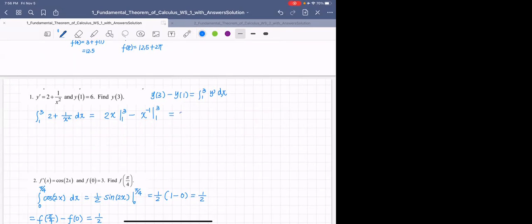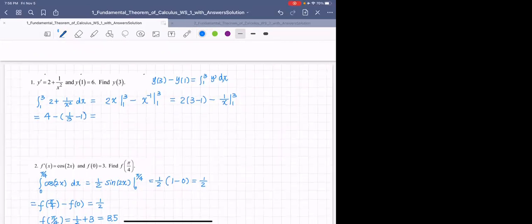Okay. This is 2x minus 1 over x from 1 to 3. All right, continue. This is 2 times 2 is 4, and then minus 1 over 3 minus 1.